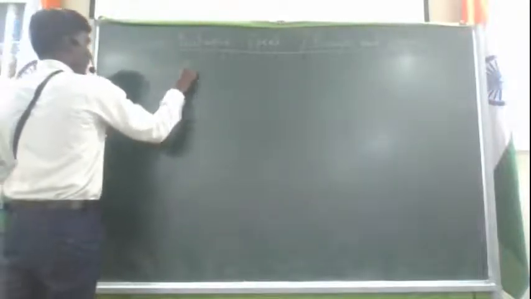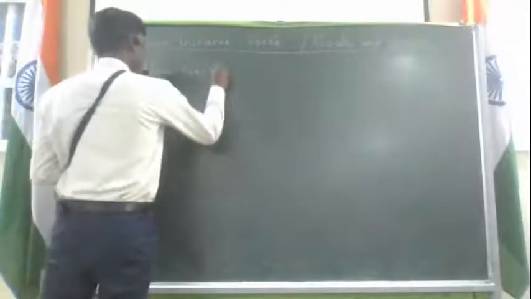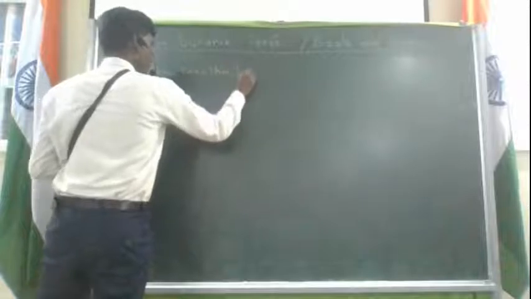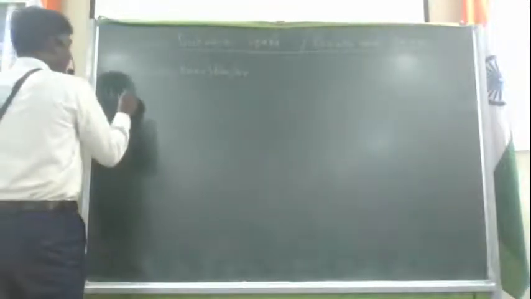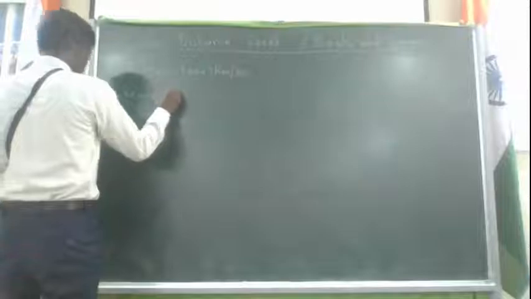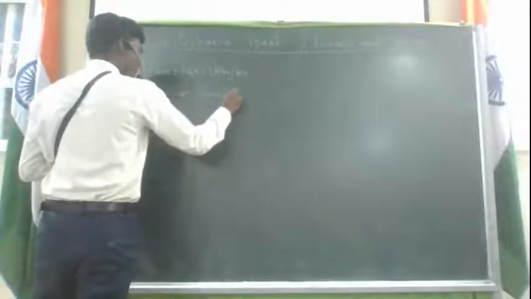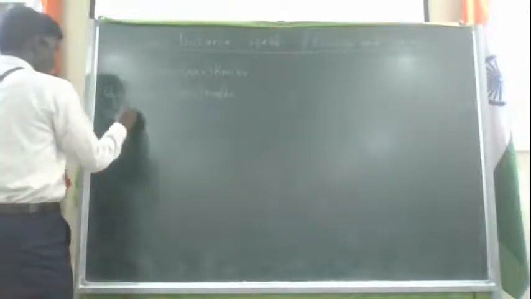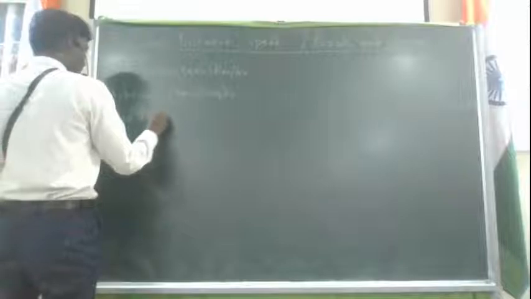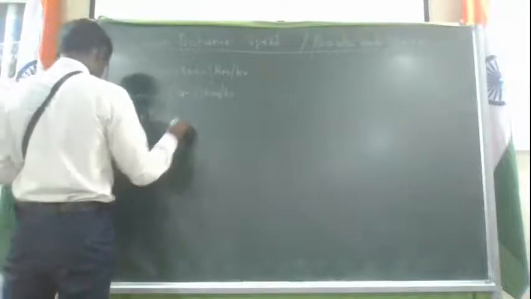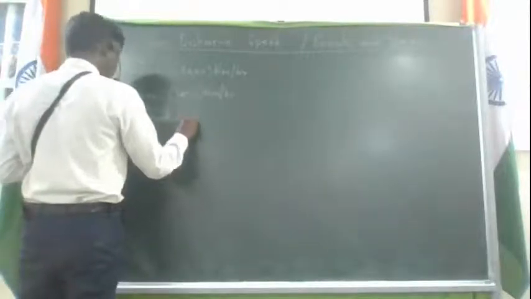Downstream: U plus V kilometer per hour. Upstream: U minus V kilometer per hour. Next, speed of the boat in still water.